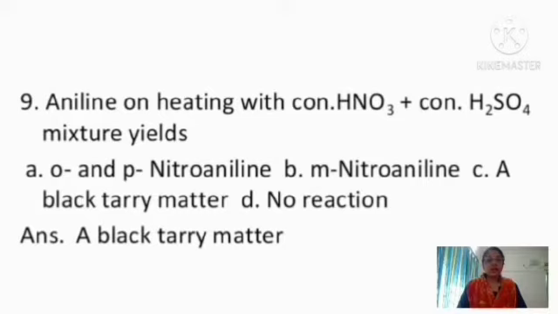So here they are asking: aniline on heating with concentrated nitric acid and concentrated sulfuric acid mixture. So here the first chance is a black tarry matter. But if the question asked controlled heating with concentrated nitric acid and concentrated sulfuric acid, then option B can be correct, that is meta-nitroaniline. So here option C is correct, that is a black tarry matter.